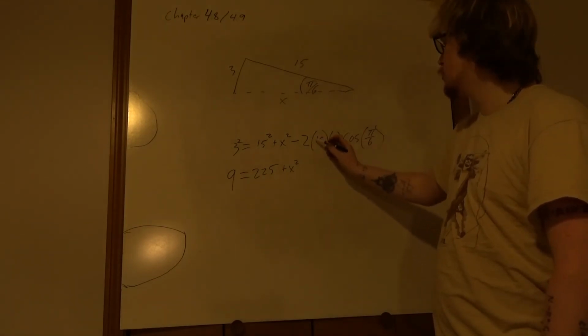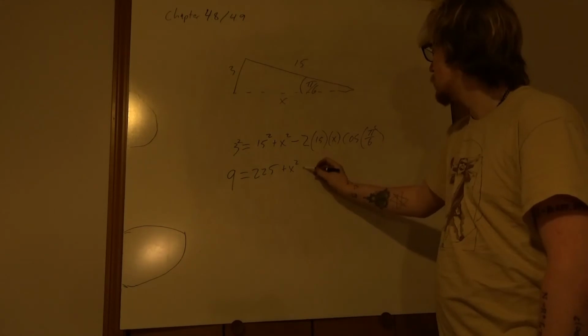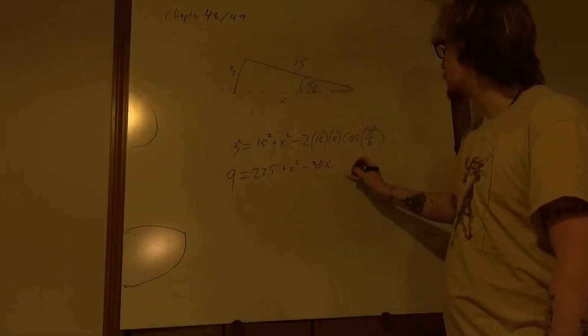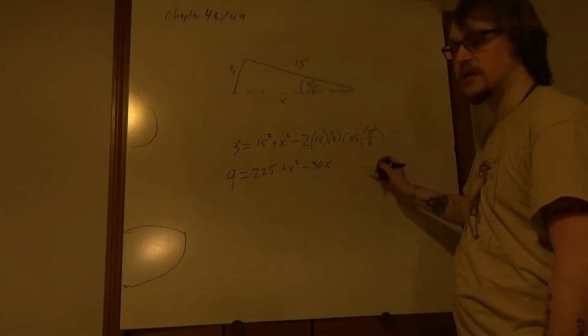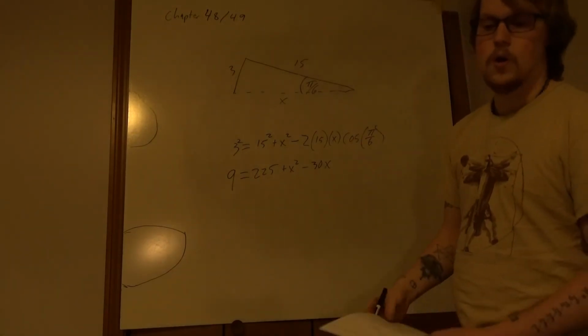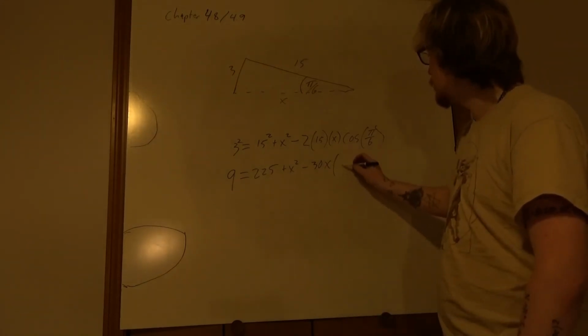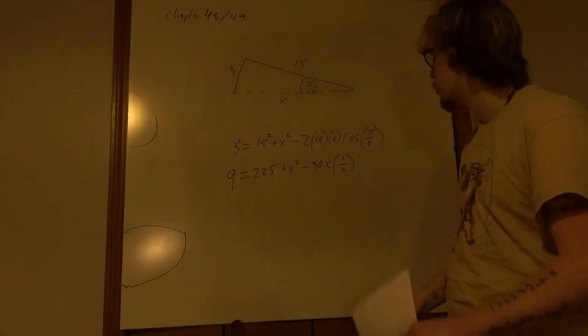We have 2 times 15, which is 30, times x. So we have negative 30x, and then the cosine of pi over 6 is root 3 over 2, which again we can look up on the unit circle, or we can figure it out using an equilateral triangle. So this is going to be 1 over 2.